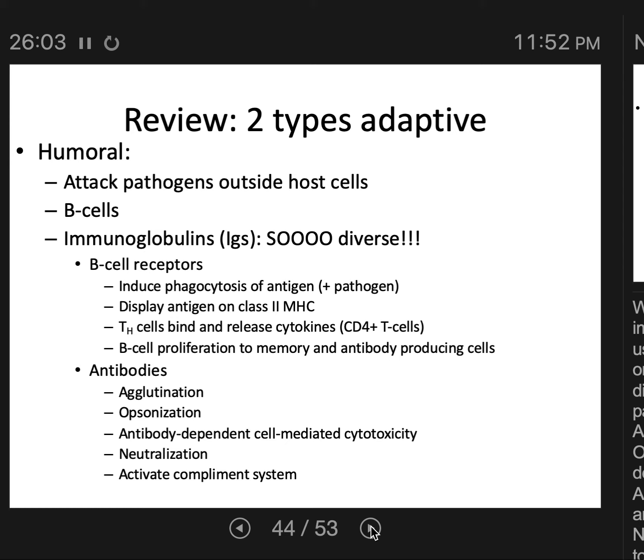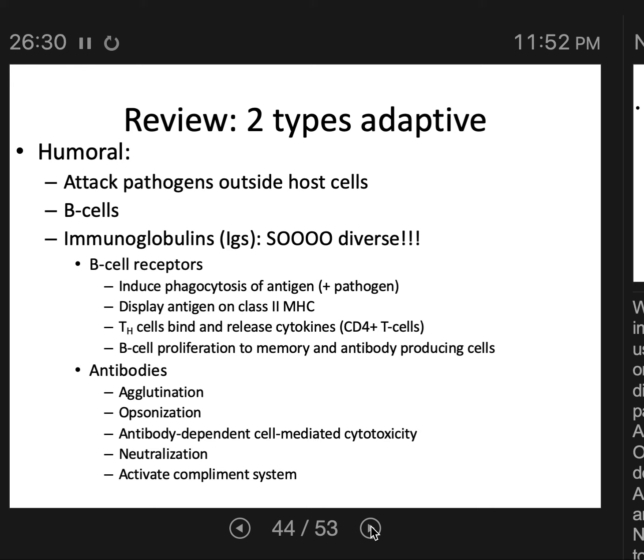The B cell receptor is an immunoglobulin embedded in the B cell surface. When it binds to an antigen, it's going to induce phagocytosis of the antigen with the pathogen attached. The B cell is then going to digest that pathogen and display antigens from the pathogen on its MHC class IIs.